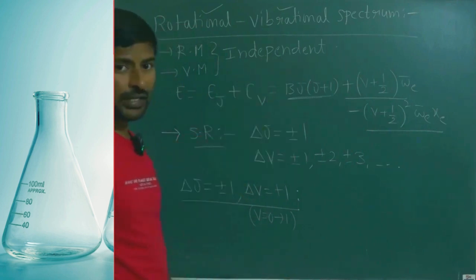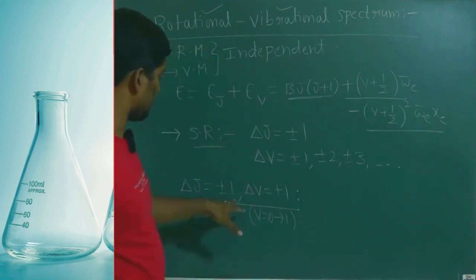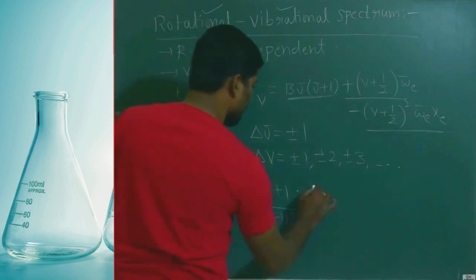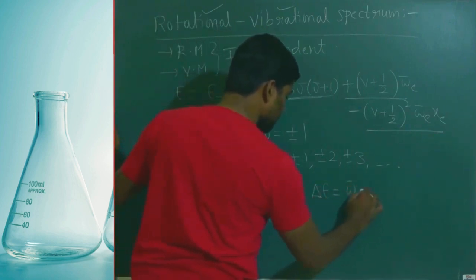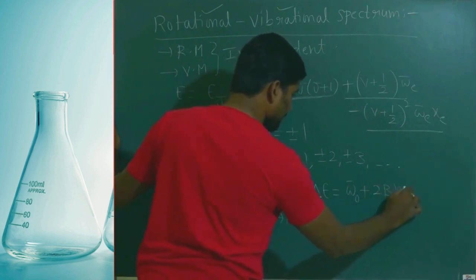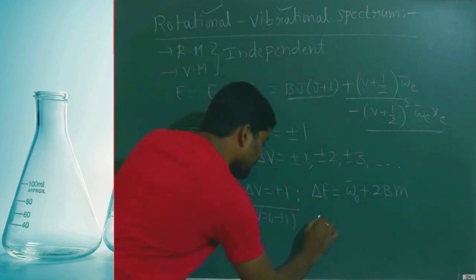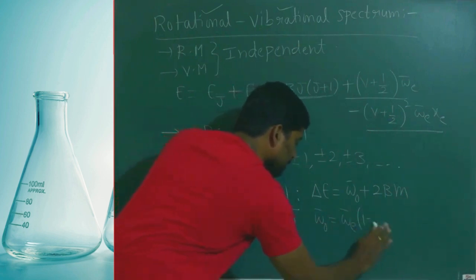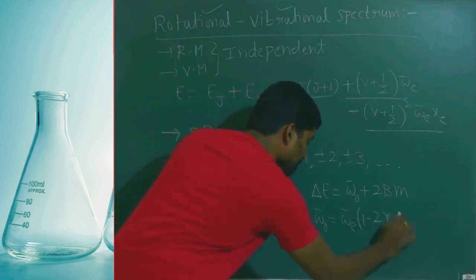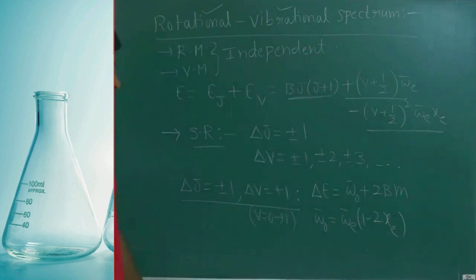If you calculate the energy gaps, the final equation we will get is omega bar naught plus 2bm, where omega bar naught is omega bar e into 1 minus 2x.